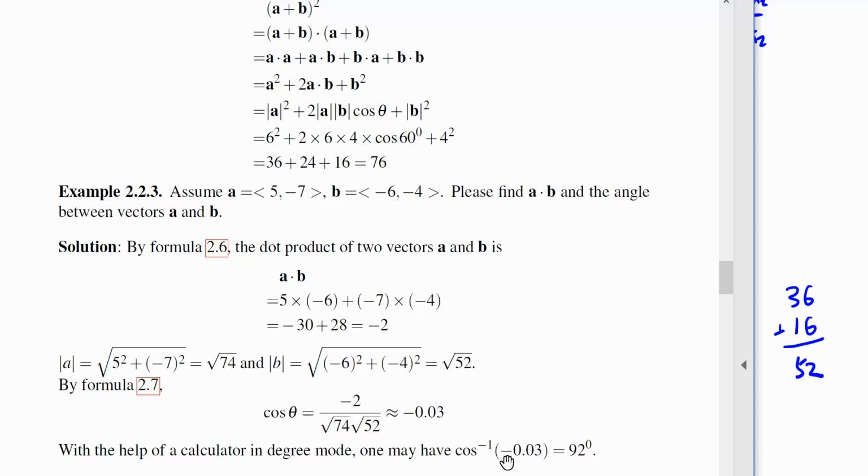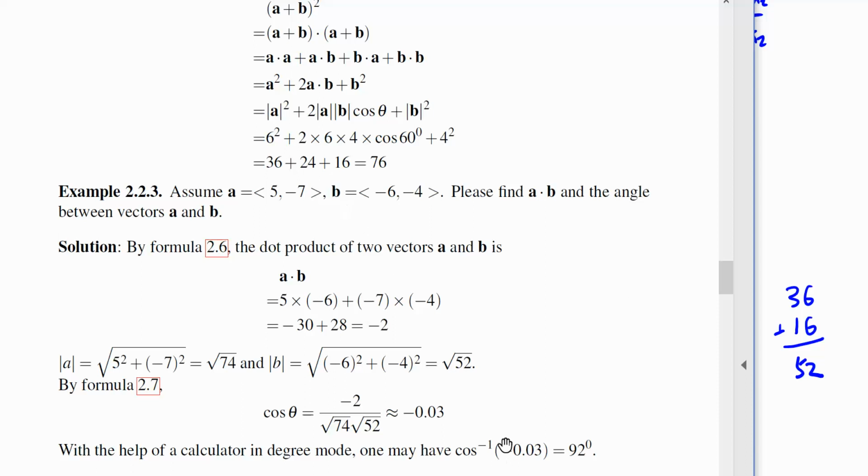Now you have cosine theta is -0.03. Then you key in on the TI-83 calculator cosine inverse of -0.03. You shall have just 92 degrees between A and B.